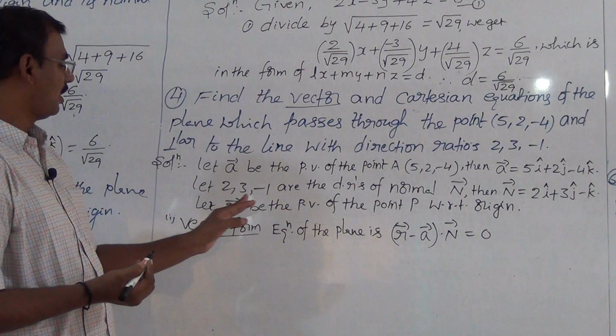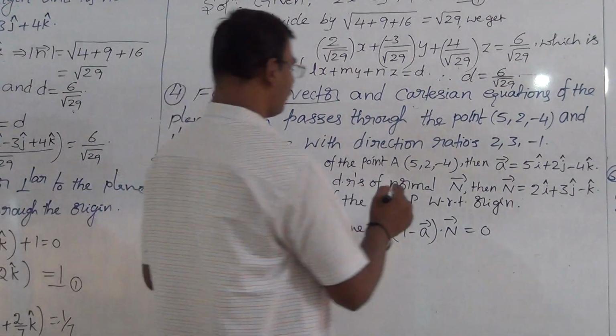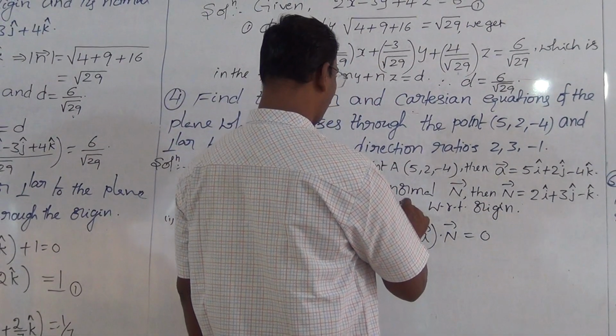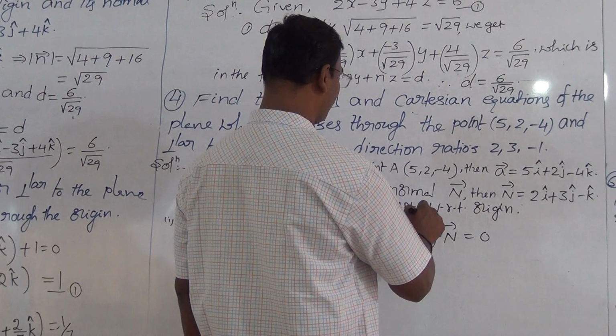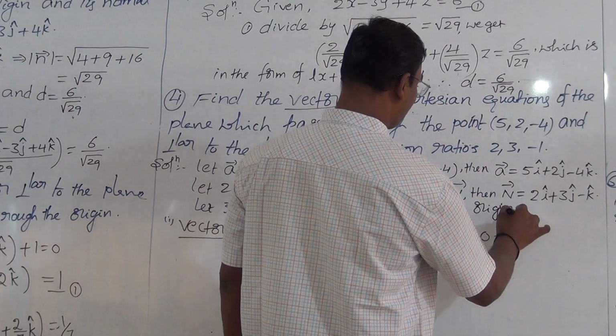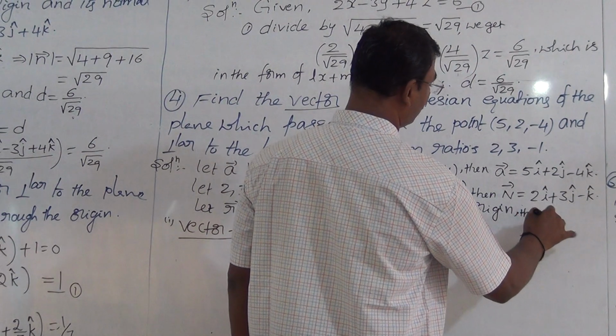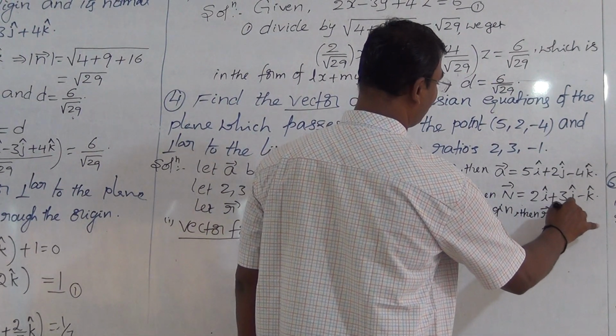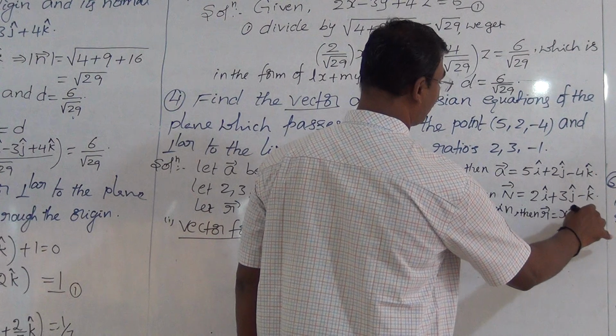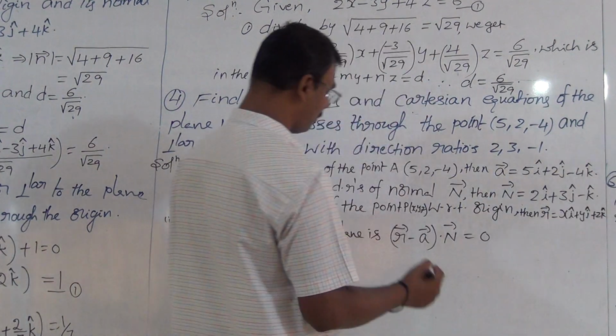Substitute the r value. What is r actually? x, y, z. So your point here is P(x, y, z), the general vector. Then r bar is equal to xi plus yj plus zk.